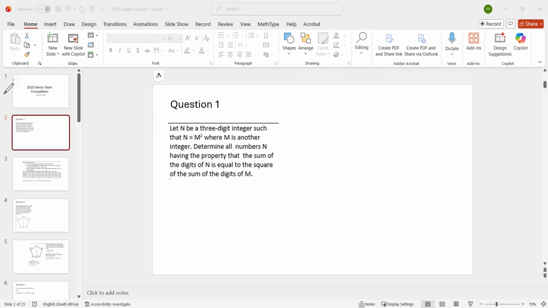Now, there are just a few 3-digit numbers which are squares. Determine all the numbers n having the property that the sum of the digits of n is equal to the square of the sum of the digits of m.